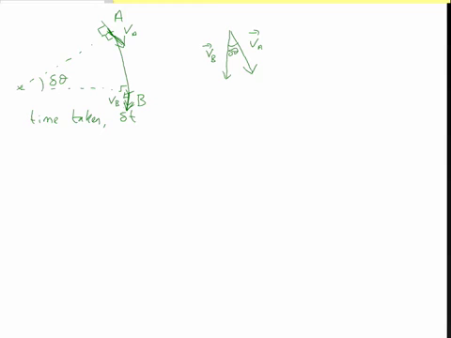So what I'm going to do now is split this isosceles triangle up, because remember we're talking uniform circular motion, so the magnitude of A is equal to the magnitude of B. Given this condition, these two are going to be equal.